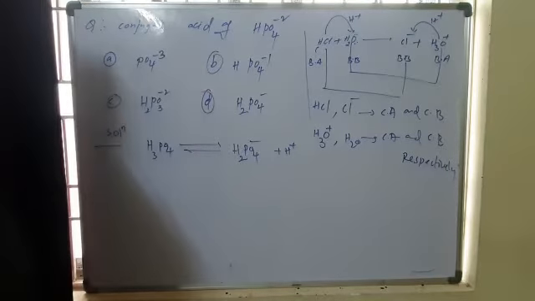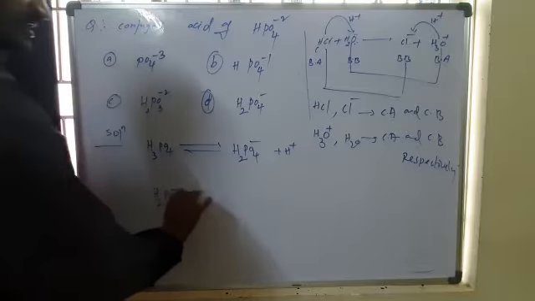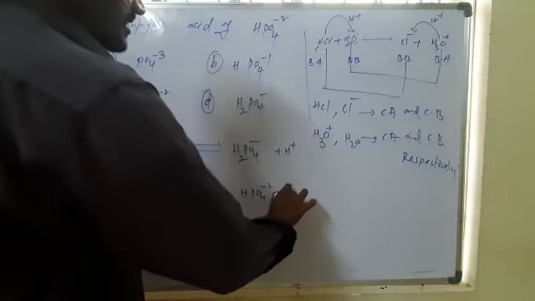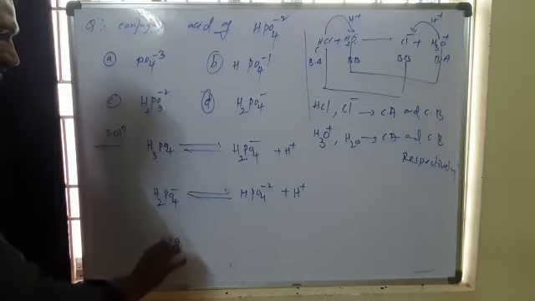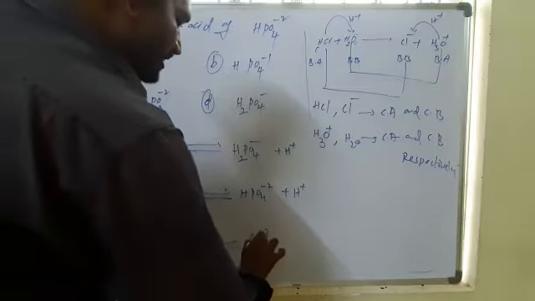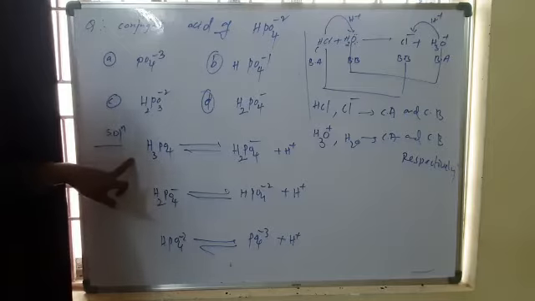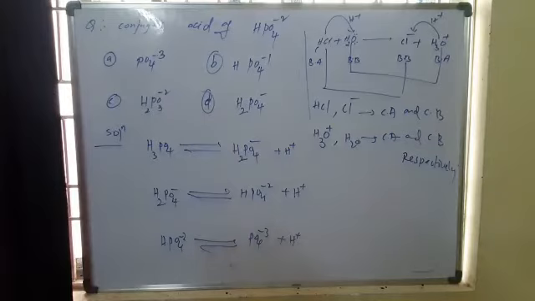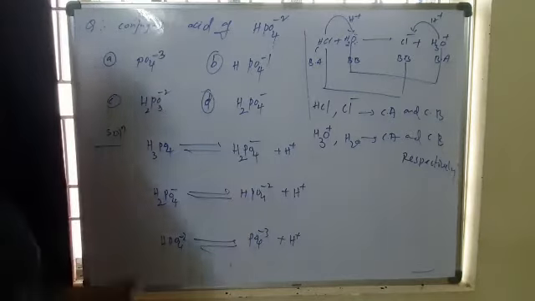H2PO4 minus again donates H plus and becomes HPO4 minus 2 and H plus. HPO4 minus 2 then donates H plus to give PO4 minus 3. That means phosphoric acid donates three H plus ions. So in these three pairs, what are the conjugate acid pairs?